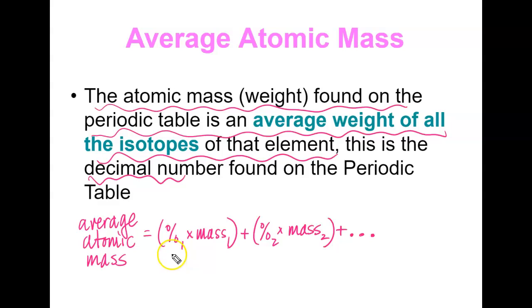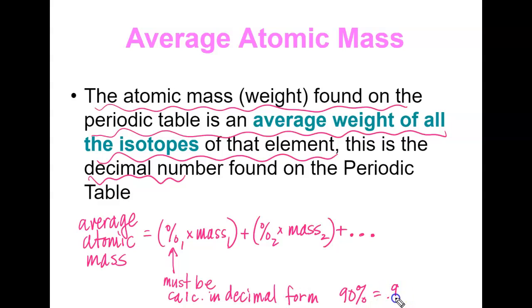Now, something to keep in mind is that all of your percents must be calculated in decimal form. So, for instance, if I have 90%, that is the same as saying 0.90. And that's what I mean by decimal form. So that's my example there.